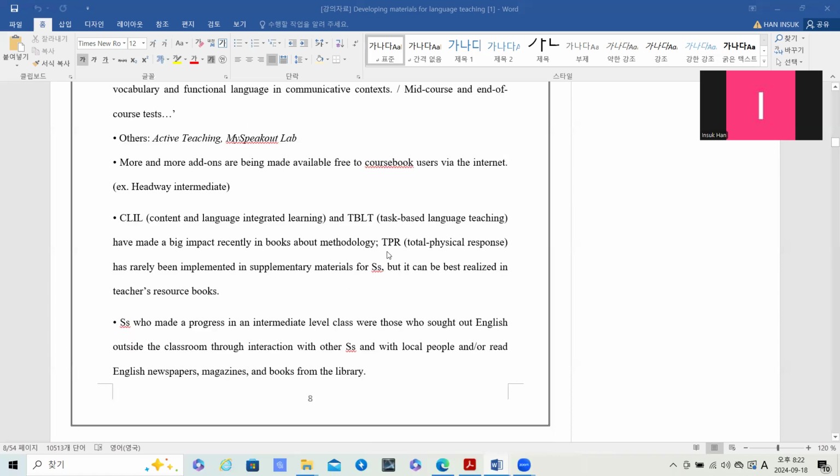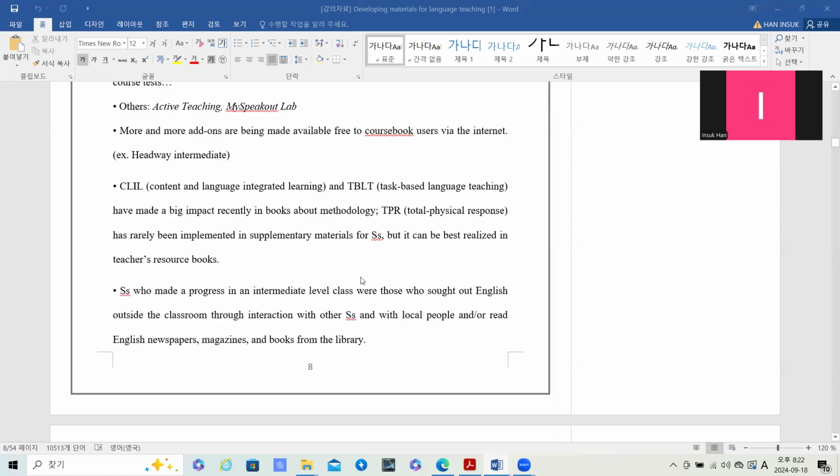Of course, I think that early teenagers also favor TPR. Sometimes TPR can create a very free and comfortable environment for learning the English language. So this is one of the convenient and effective methods for teaching young learners.